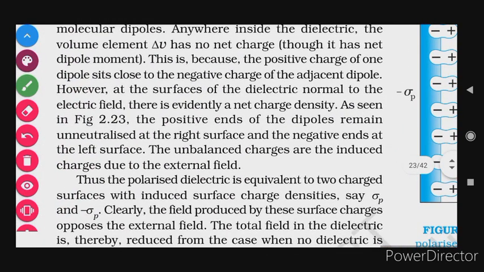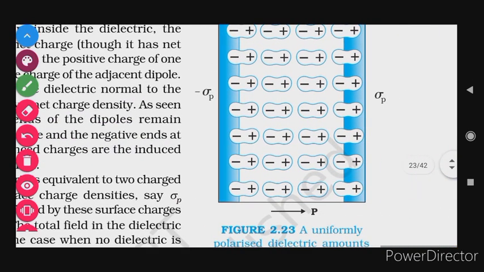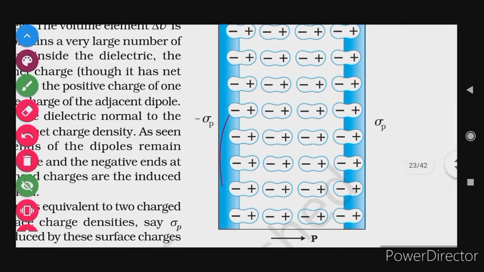Okay, so now, however, at the surface of the dielectric normal to the electric field, there is evidently a net charge density. As seen in figure 2.23, the positive ends of the dipoles remain unneutralized at the right surface and the negative ends at the left surface. The unbalanced charges are the induced charges due to the external field. Okay, only the charges on this side and this side, the negative on this side and positive on this side, they will have induced charges, and they will create induced electric field.